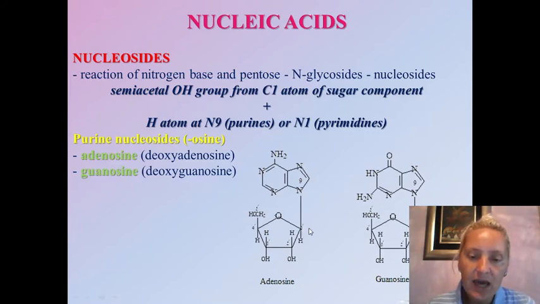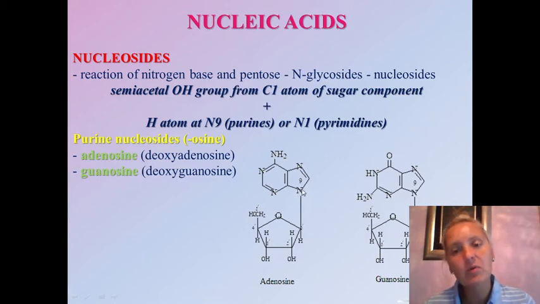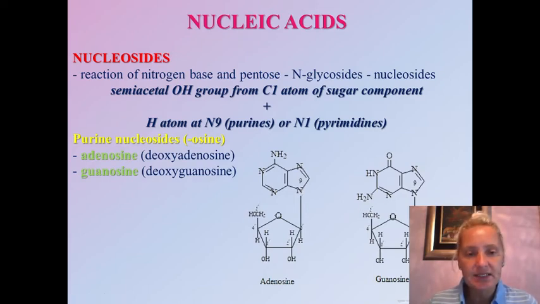So this is the hemiacetal or semi-acetal OH group at C1 of the sugar component of the pentose, and the hydrogen atom at nitrogen number 9 of purines or nitrogen number 1 of pyrimidine bases. So here we have purine nucleosides, and the names of purine nucleosides are formed by the addition of a specific suffix, osine, O-S-I-N-E.